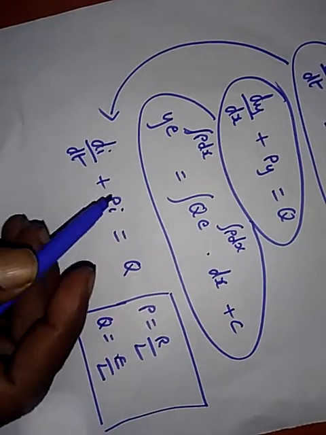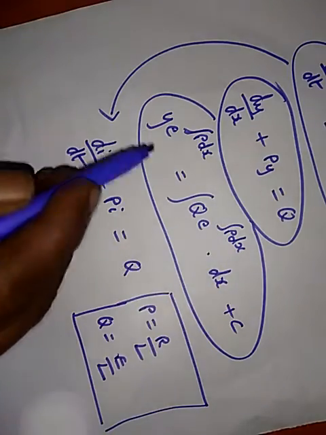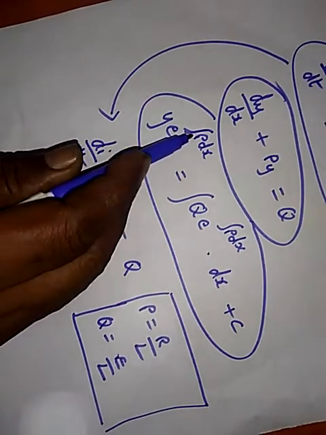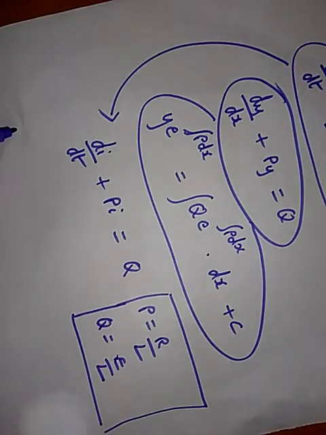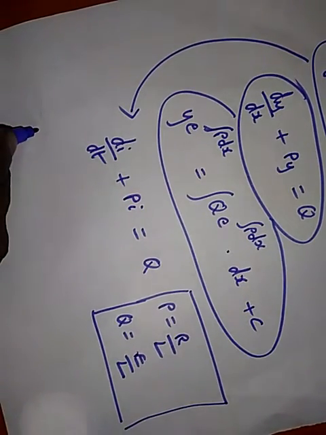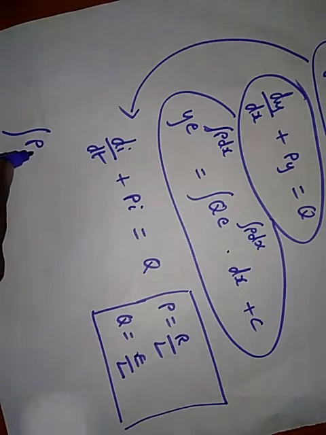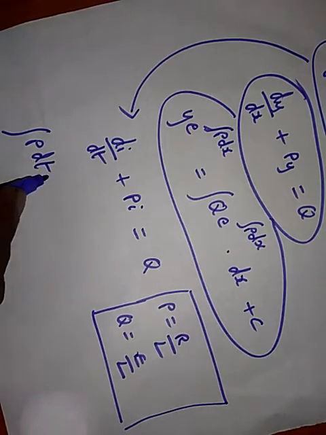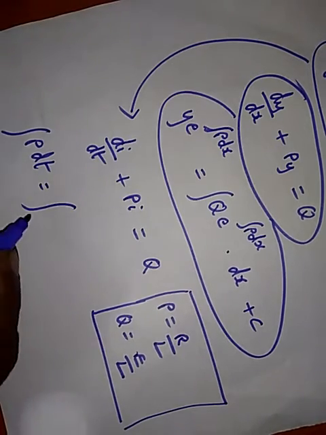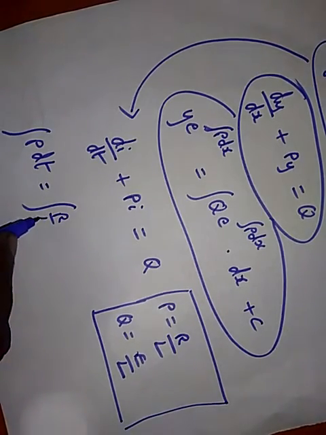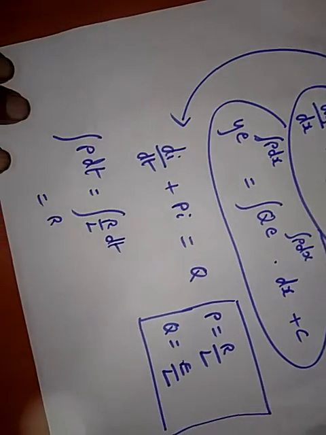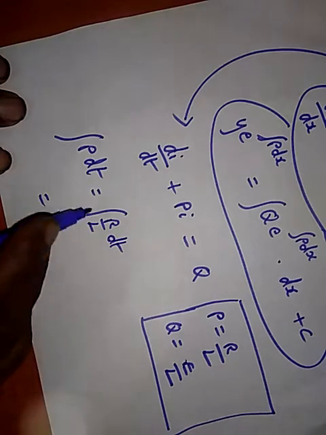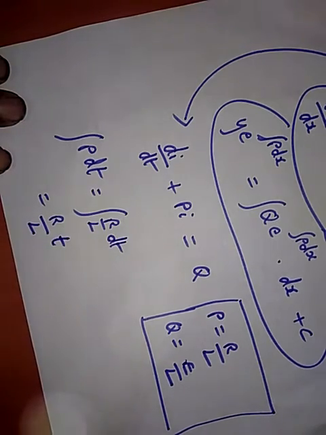We need to know e power integral p dx, which means we have to find integral p dx. Here instead of dx we have dt. That is integral of R by L into dt. R by L is constant, and the integration of dt is t.